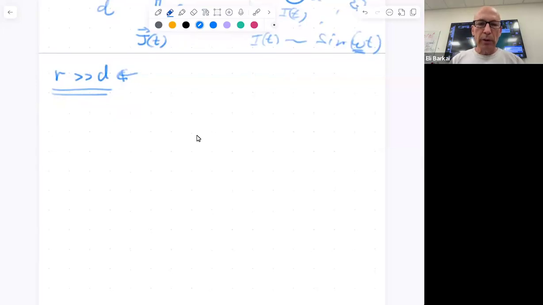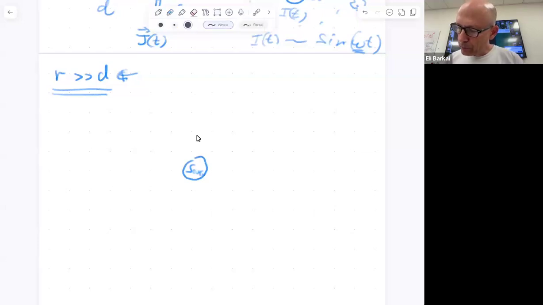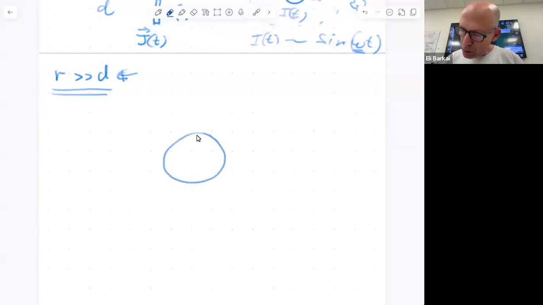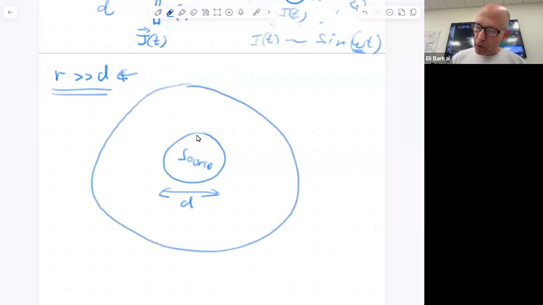So now let us be a little bit more specific. Let us think about it. We have here our source. We said its size is roughly d. We also said we are interested in some long distance.